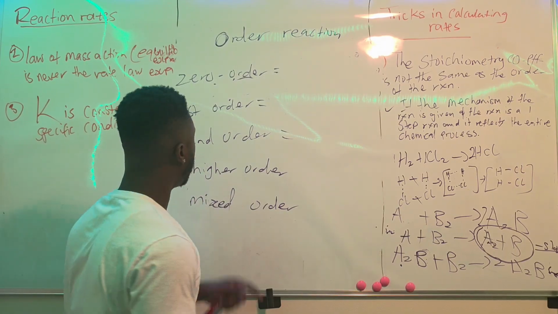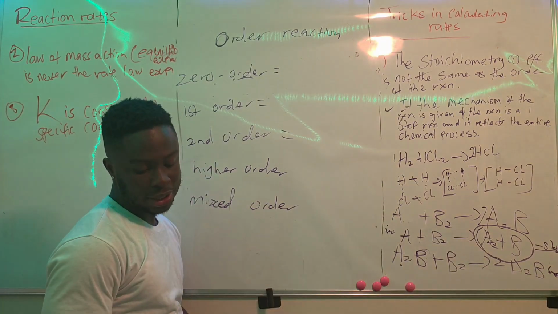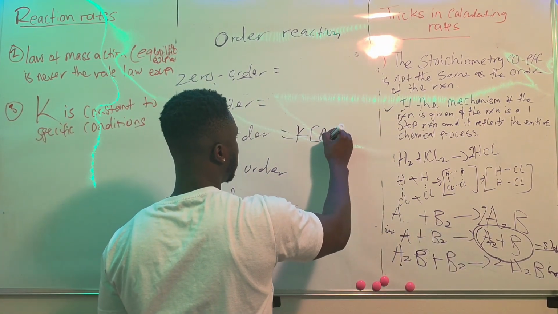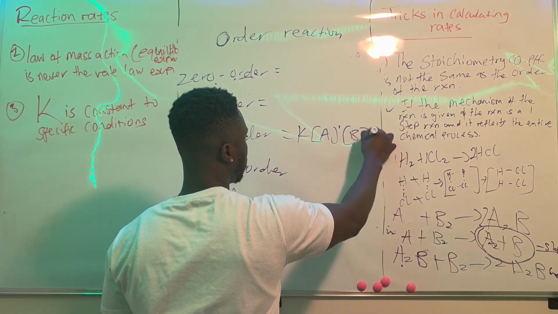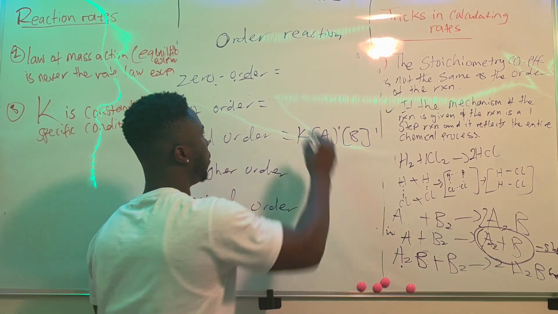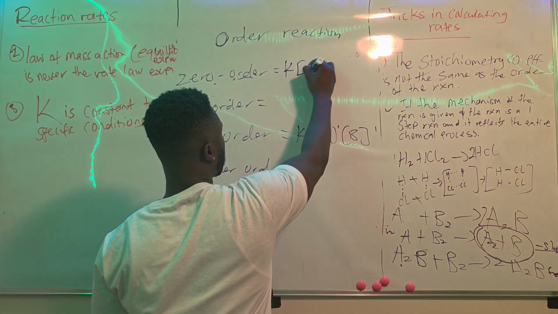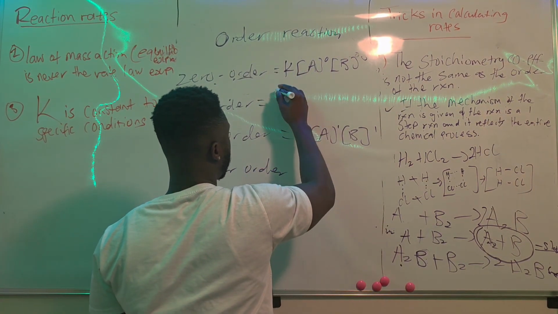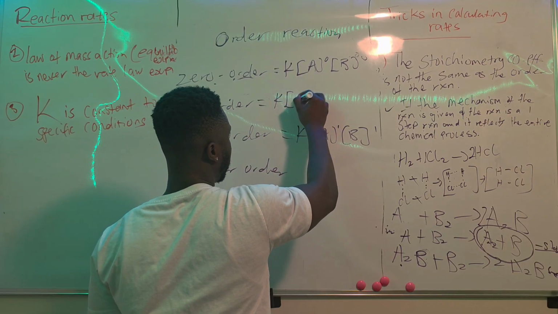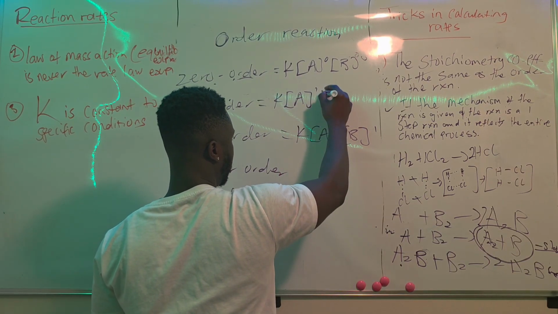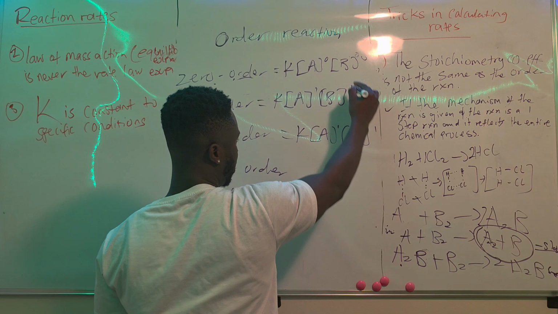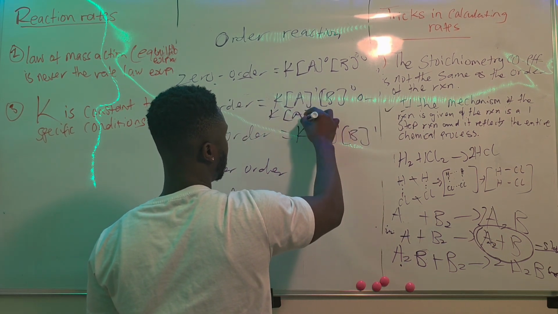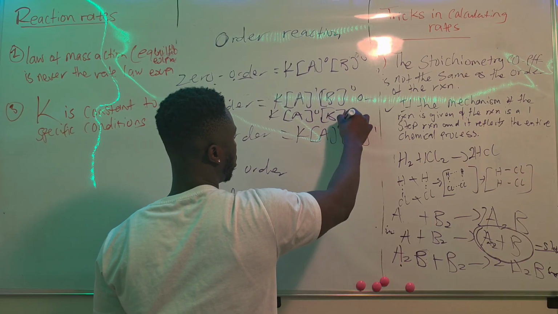And the second order of reaction is also given to us by something like that. The zeroth order was [A]^0 [B]^0. The first order was either k[A]^1 [B]^0, or the other way around, k[A]^0 [B]^1.